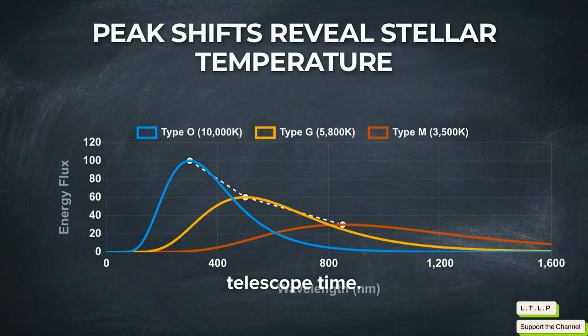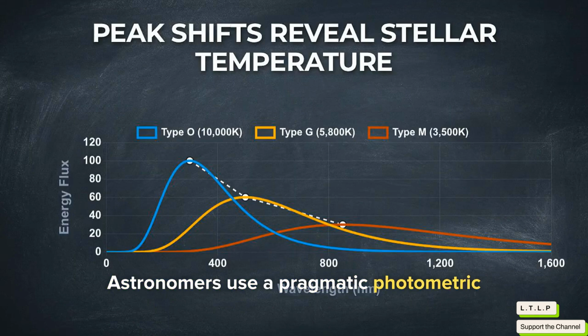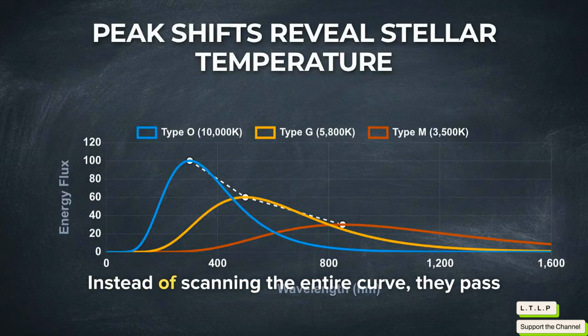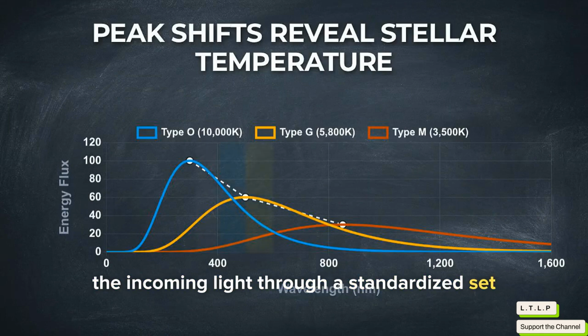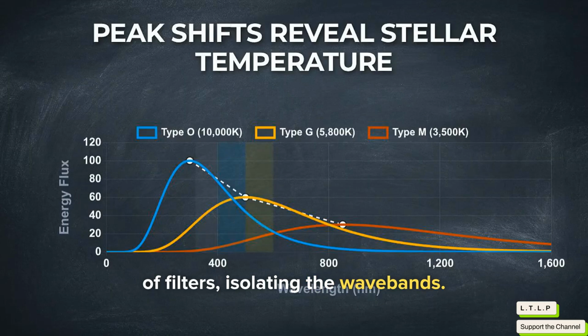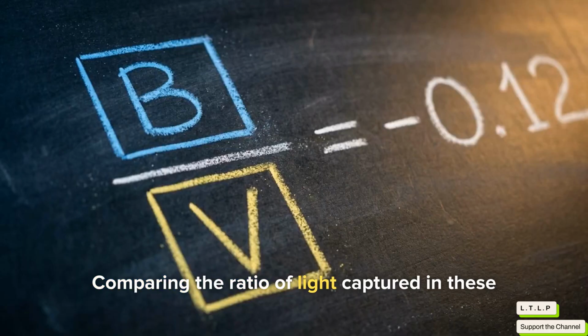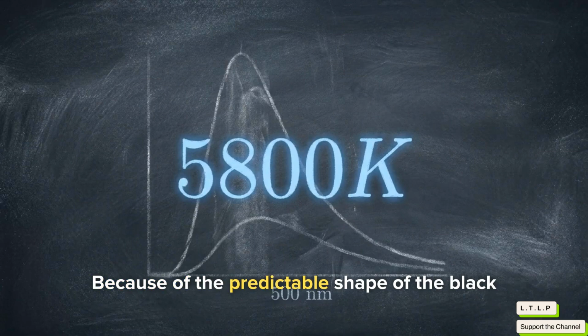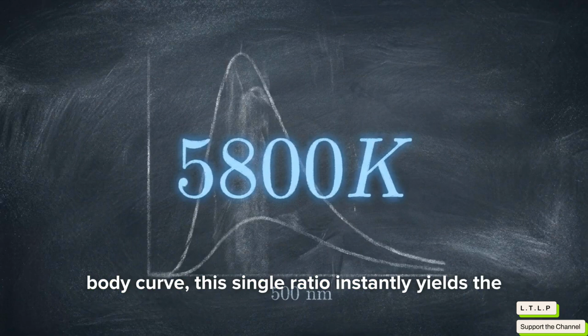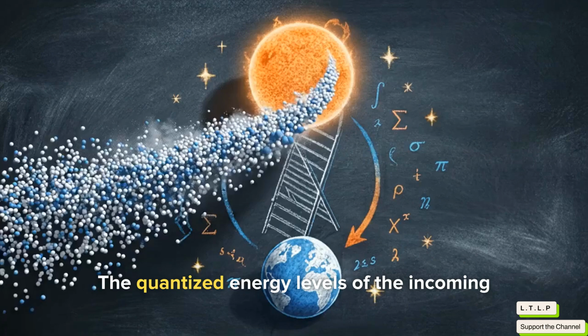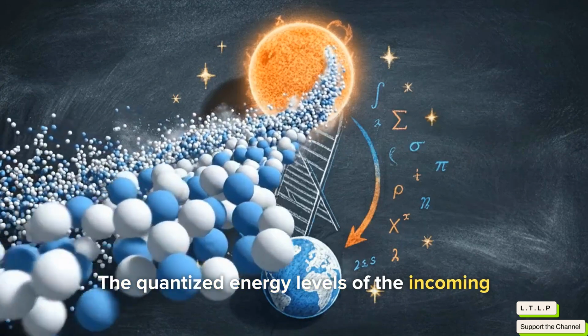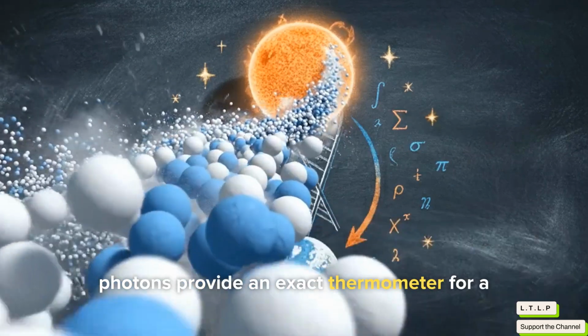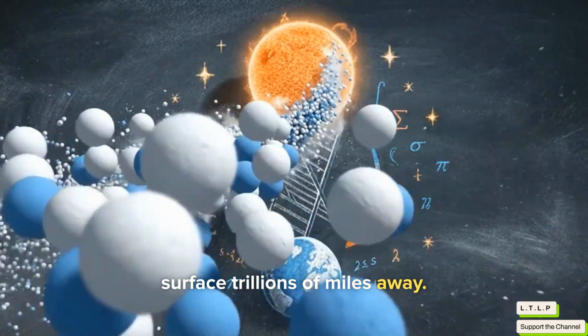Mapping the entire curve for every star would consume immense telescope time, so astronomers use a pragmatic photometric workaround. Instead of scanning the entire curve, they pass the incoming light through a standardized set of filters, isolating the wavebands. Comparing the ratio of light captured in these specific bands provides a color index. Because of the predictable shape of the blackbody curve, this single ratio instantly yields the star's color temperature. The quantized energy levels of the incoming photons provide an exact thermometer for a surface trillions of miles away.